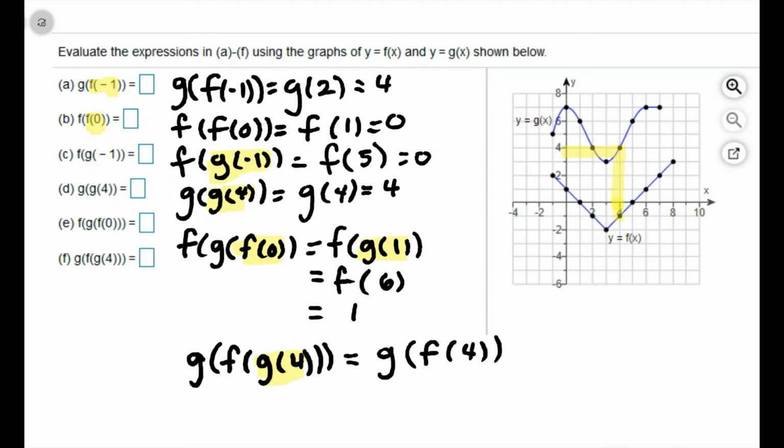We're going to go down to the graph of f. That's a y value of negative 1. Now we need to find g of negative 1. The x value of negative 1, we go up to the graph of g and get a y value of 5. So g of f of g of 4 is 5.